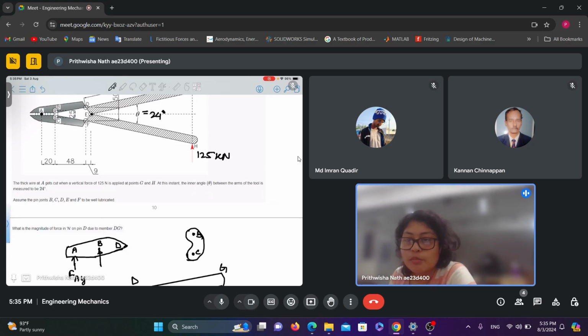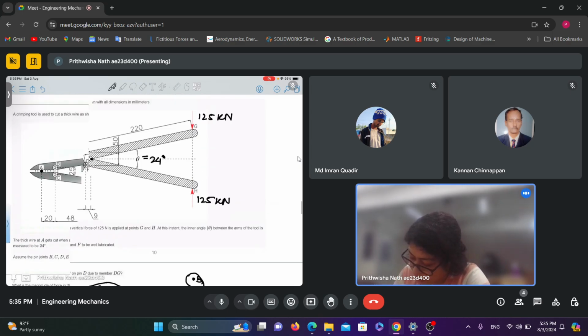This force, the component of this force which is acting at D, I'm assuming it to be in the positive direction of the coordinate axis. So this is the coordinate axis that I'm assuming.